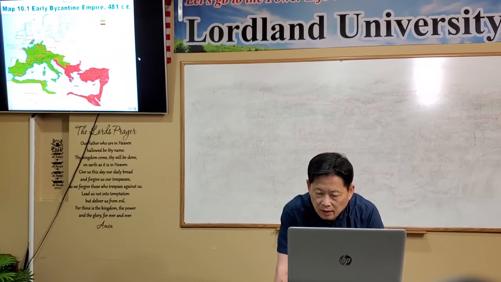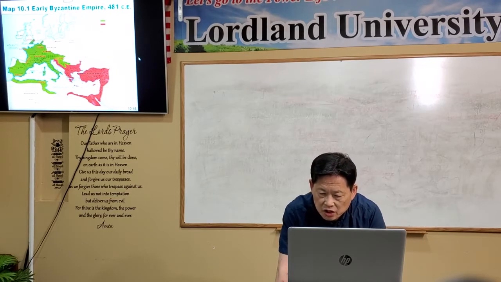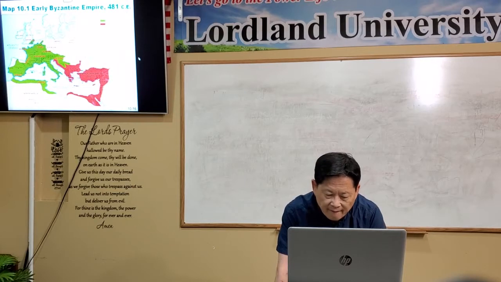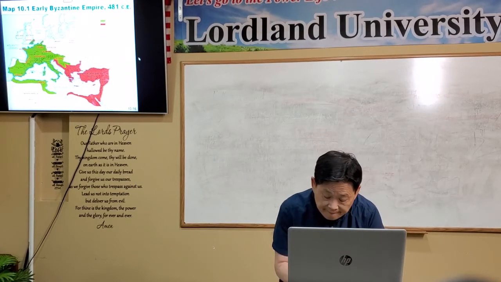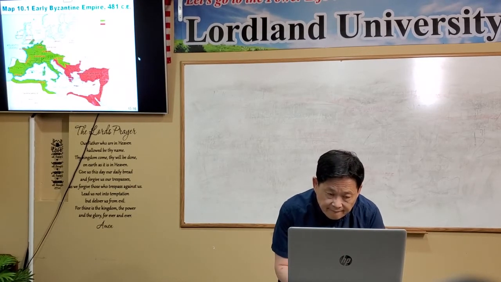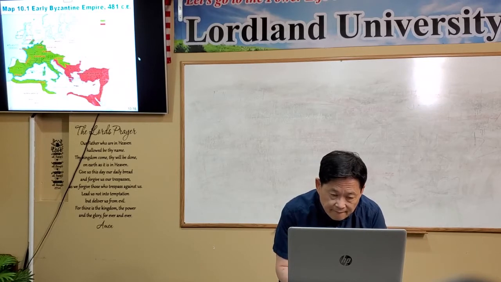The brown color represents the Eastern Roman Empire.